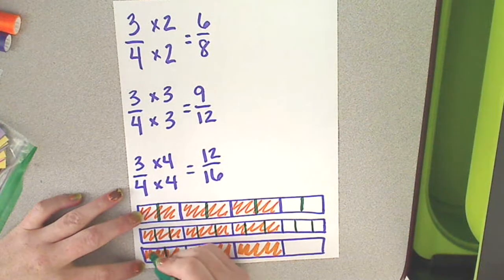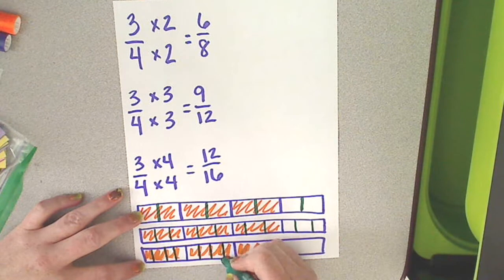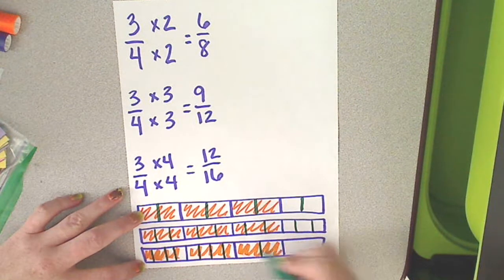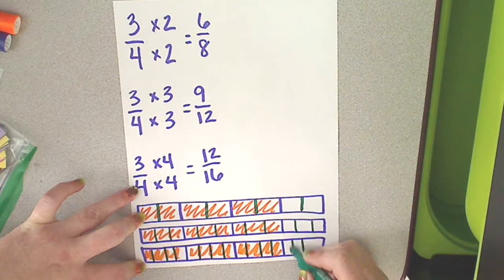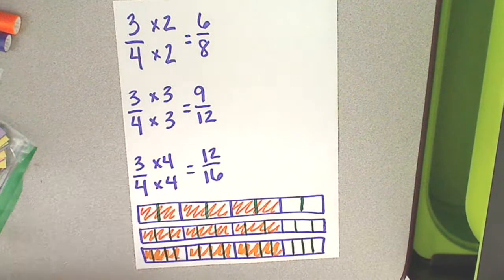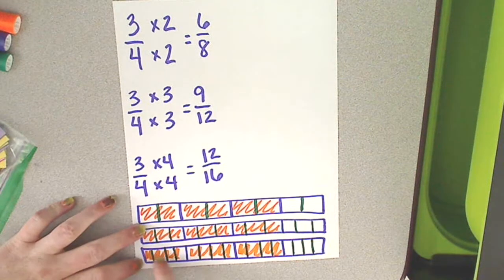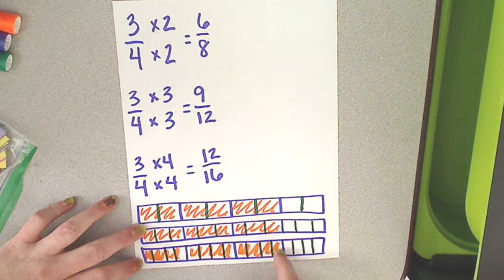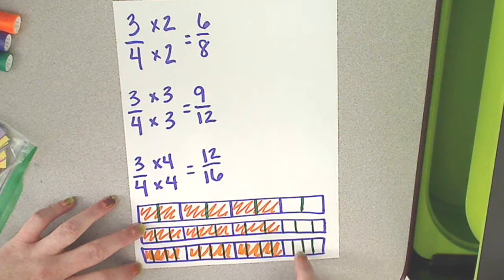There's half and quarters, half and quarters, half and quarters, half and quarters. 1, 2, 3, 4, 5, 6, 7, 8, 9, 10, 11, 12 pieces shaded out of 13, 14, 15, 16.